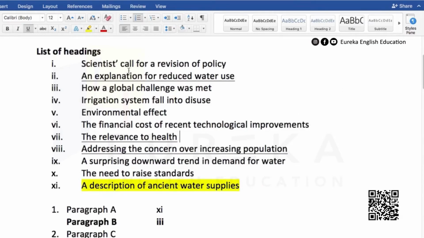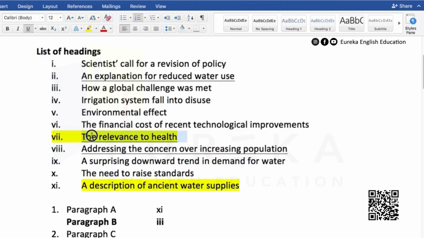If we compare with an explanation for reduced water use, relevance to health, and addressing the concern of increasing populations, I think the best one should be 7, the relevance to health, because it specifically discusses some of the problems related to the water services that are explained in paragraph C. And then there is the water-related disease that is very closely related to health.